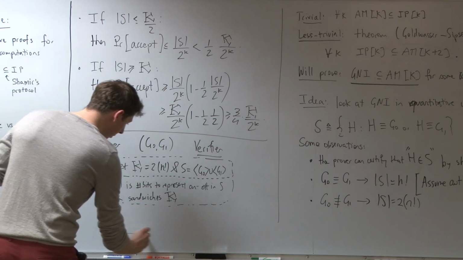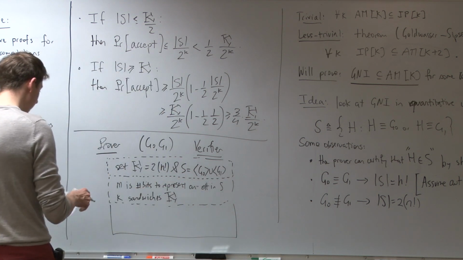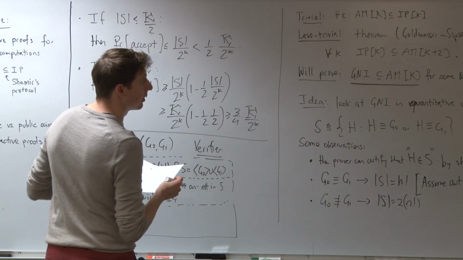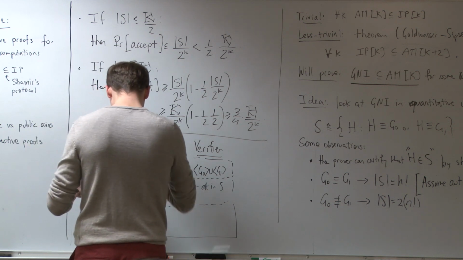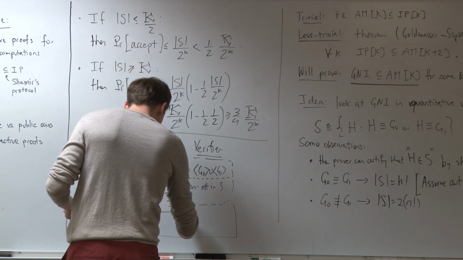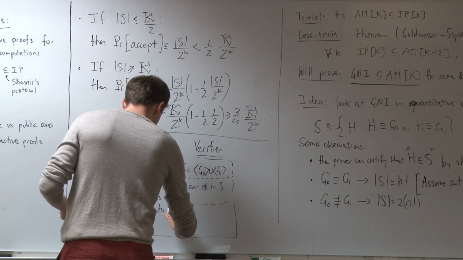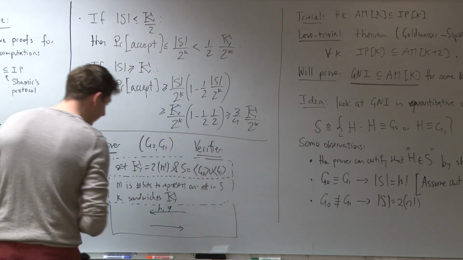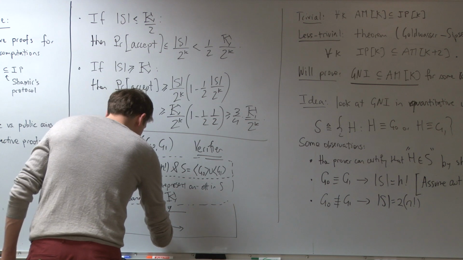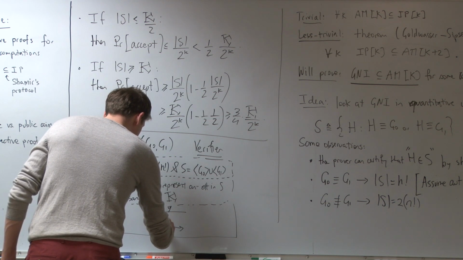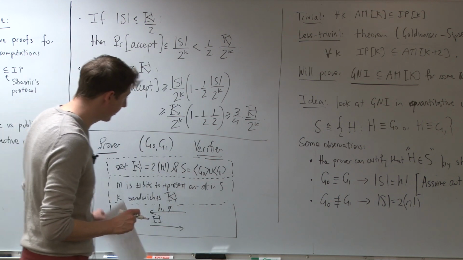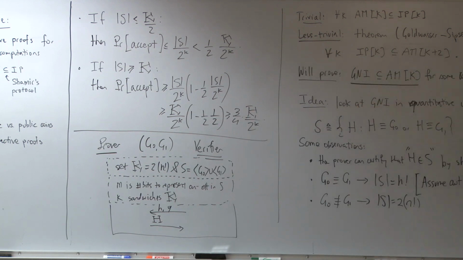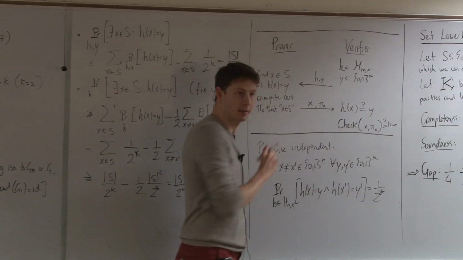And now they have to both run the set lower bound protocol, which consists of sending H and Y, right? And getting back some graph capital H. This graph capital H is the candidate pre-image X here, right?